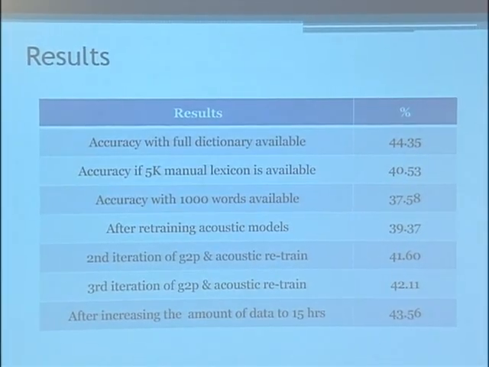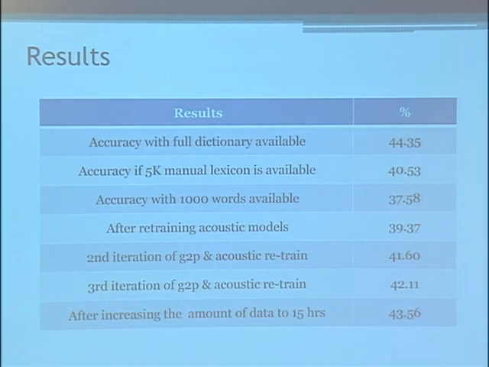Now if you train an acoustic model and made sure that you had only 5K of manual lexicon, so remember, you don't have anything for the vocabulary that the training data was looking for, it drops to 40.53. Now if you had just the 1,000 words and guessed the remaining with G2P, it drops to 37.58.